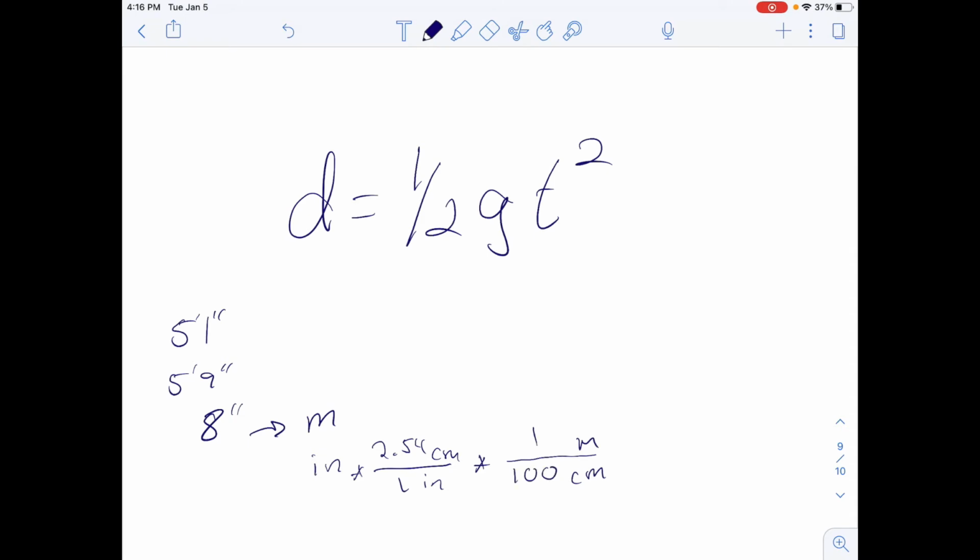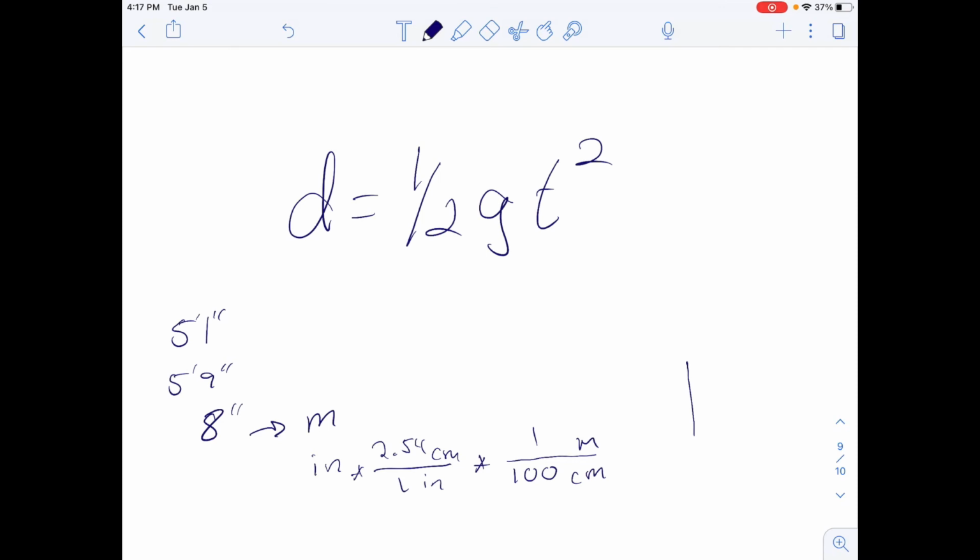Now, when you do that, you do need to remember that for the distance that you jumped and the time that it takes, the hang time, we're only calculating one of those, because it's the 8 inches up or the 8 inches down, depending on how you want to look at it.